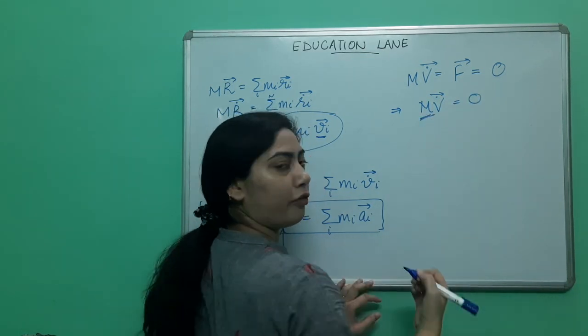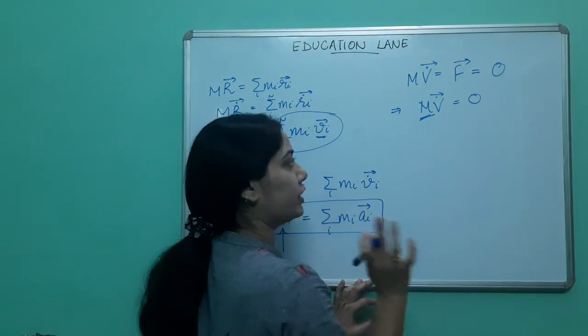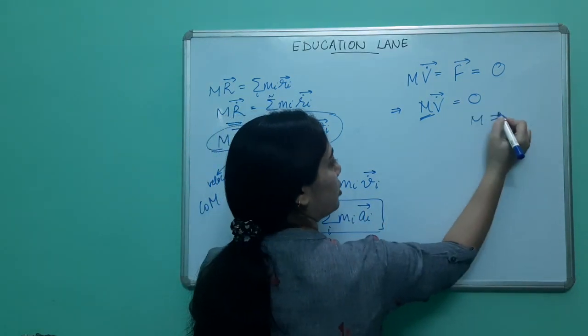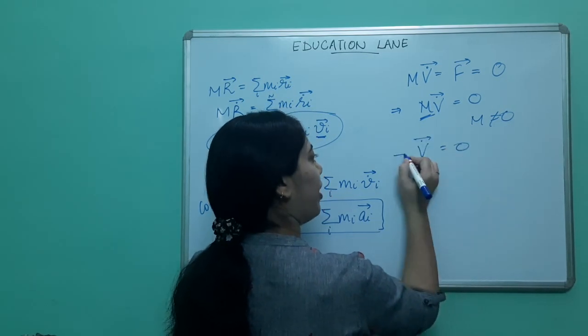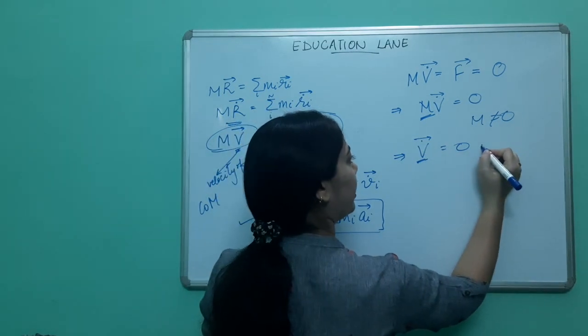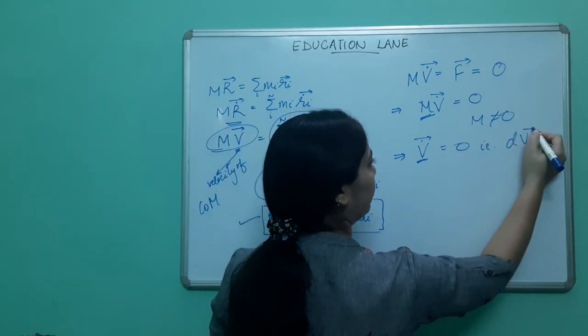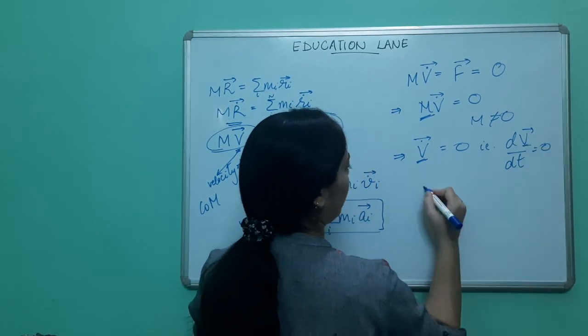The mass of a body, the mass of an object, cannot be 0 in any situation. So M is not equal to 0, V dot is equal to 0, and when this is equal to 0, I can write it like this: dV by dt equal to 0. This will be 0 and V is constant.